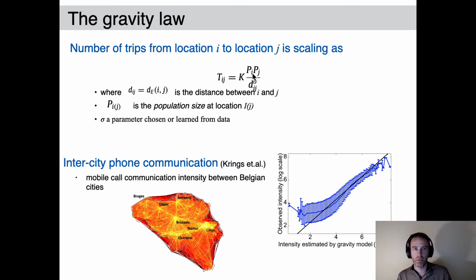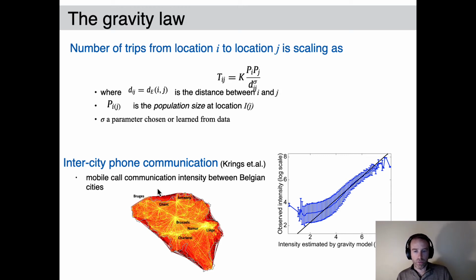And here it depends on their population, which is a kind of proxy to the number of edges that you will observe, because it corresponds to the number of phone calls, the number of trips you will have. It depends on the number of people who are actually living in the city. So it depends on this population. So this is how it is defined in the geography scientific field.